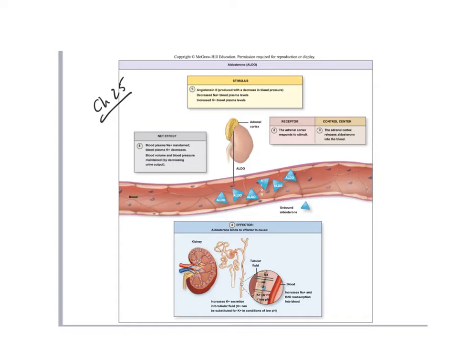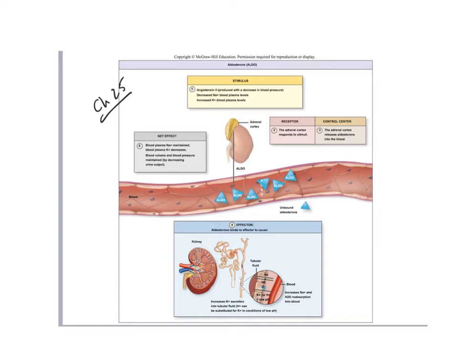So here's the stimulus: a decreased amount of sodium in blood. We want to have a relative amount of sodium, right? In order for this reabsorption to occur, if sodium's low, we need to reabsorb more sodium. Now we're already at about 98%. Aldosterone is released in response to angiotensin II. In response to the stimulus, the adrenal cortex releases aldosterone into the blood.